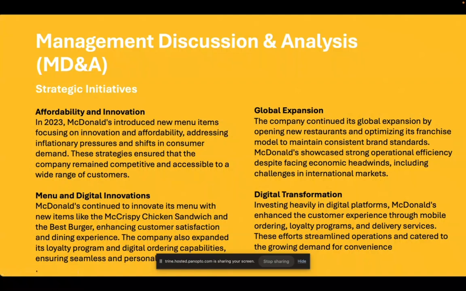Some of the key strategic initiatives of McDonald's for the future outlook would be focusing on global expansion and heavily investing in the digital platforms. Also, continuing with its menu innovations, and finally focusing on enhancing customer satisfaction and the dining experience.